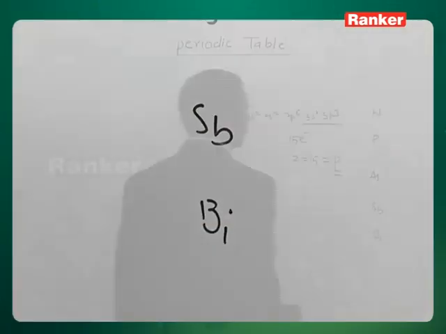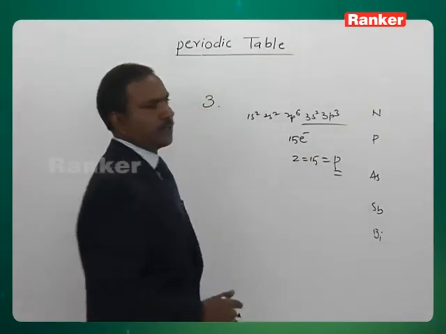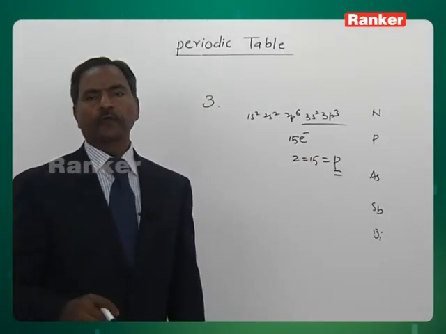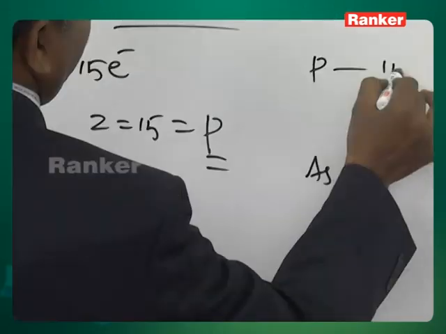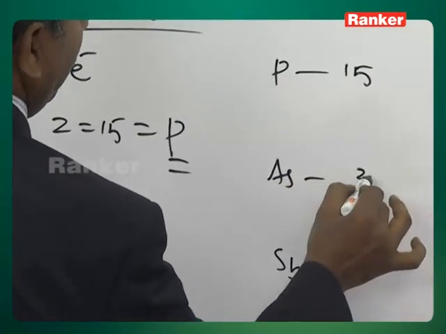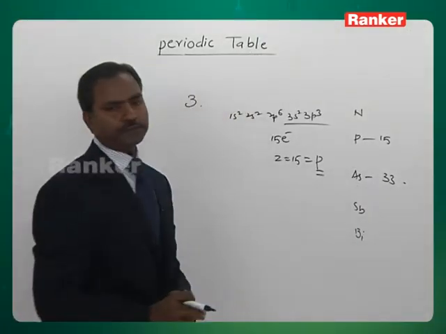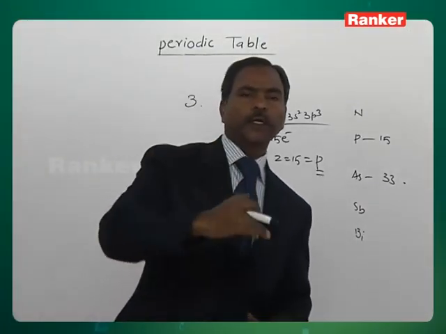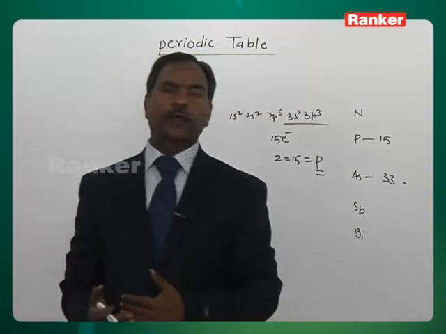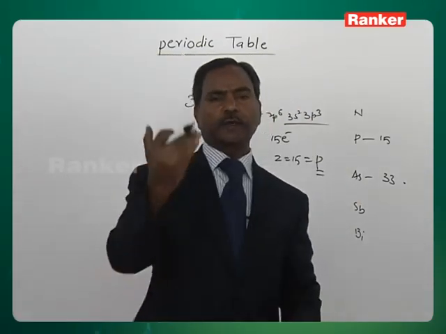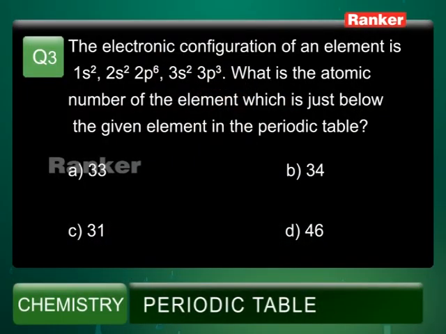According to the given configuration, the atomic number is 15, so this is phosphorus. Then arsenic comes to be 33. So below phosphorus, the next element is arsenic, whose atomic number is 33. Therefore question number 3, the answer is A.